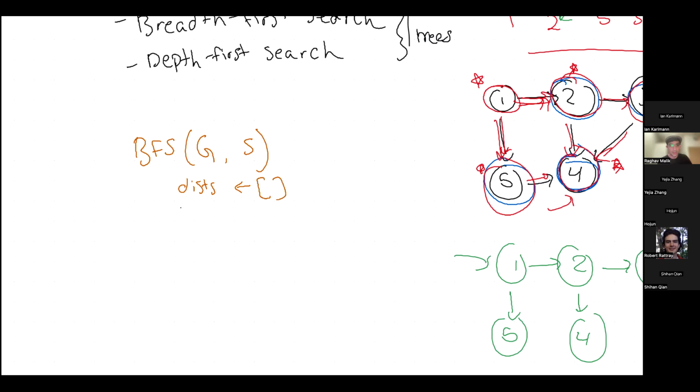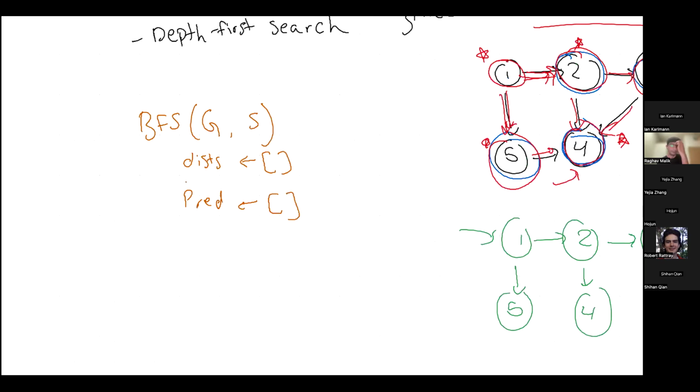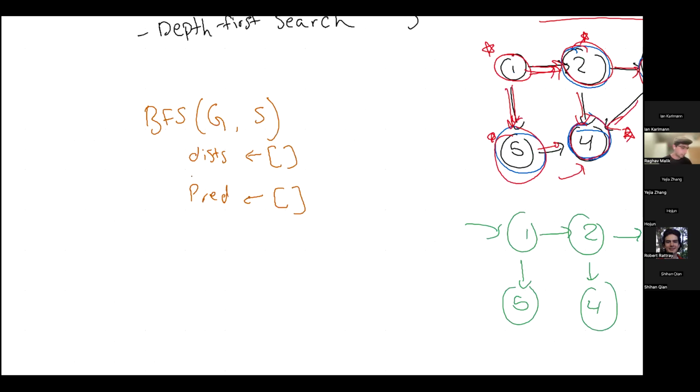A table of predecessors. And then we can keep track of what nodes have been visited as a set.